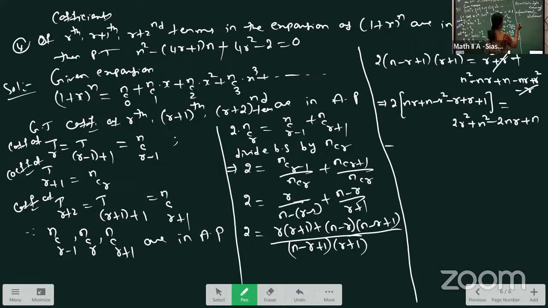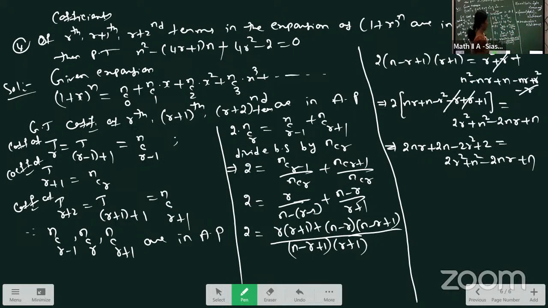Left side multiplied with 2: 2nr + 2n - 2r² - 2r + 2r + 2, again +r and -r cancel, so 2nr + 2n - 2r² + 2 equals 2r² + n² - 2nr + n. Take left side terms to the right side. First write n² + 2r² - 2nr + n.